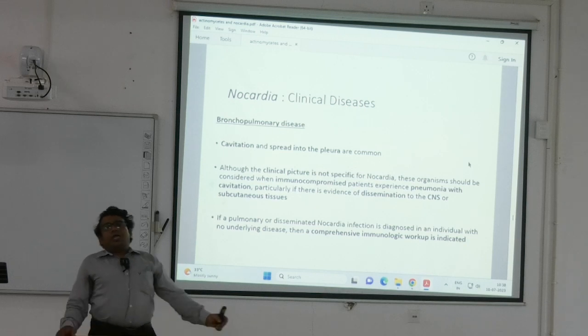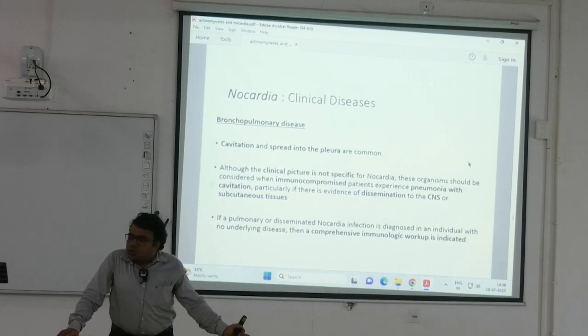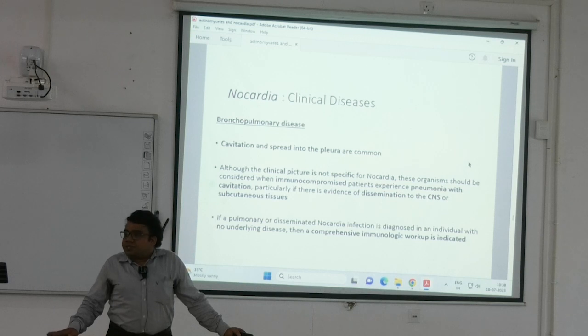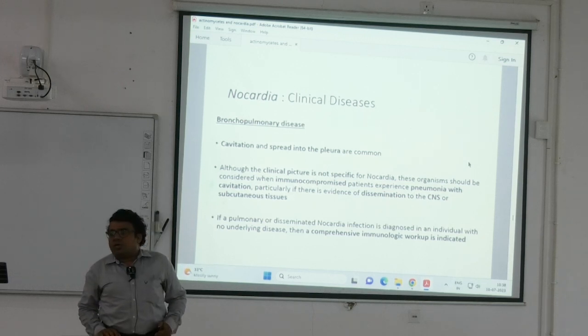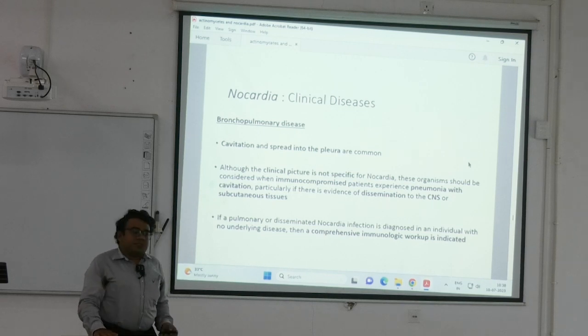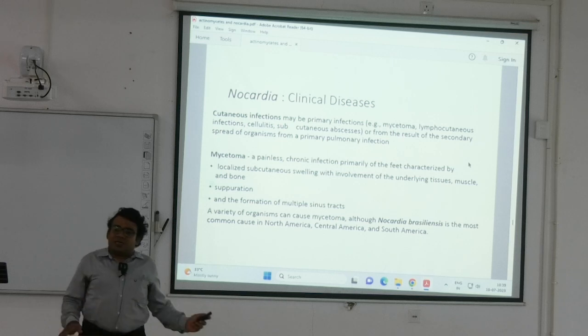So if you consider that a patient is having nocardial infection, even though the patient has no history of immune compromise, please work up the patient for immune compromise. That is, all immune compromising diseases should be tested, because I have already said this disease is more commonly associated with immune compromised patients. It could even be diabetes, or T cell deficiency.